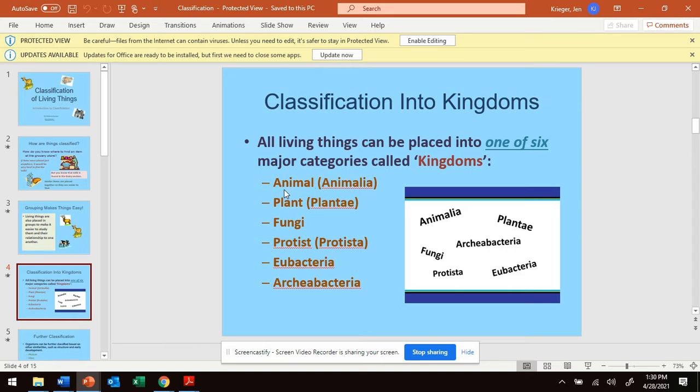The kingdoms are the head of these categories: animals, plants, fungi, protists, eubacteria, and archaeobacteria. Okay, so these six major categories are first, our biggest one is kingdoms.